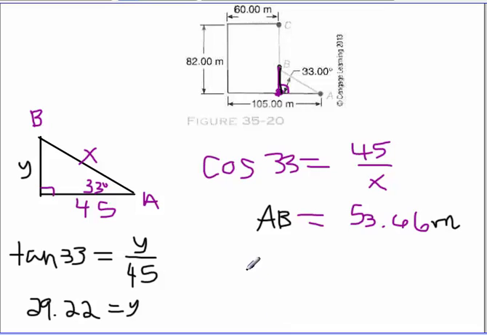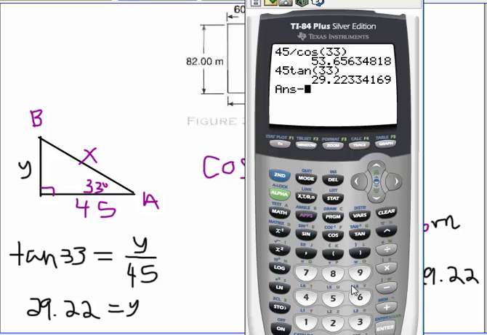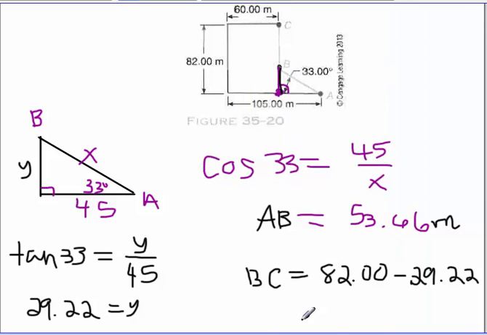If I want to find BC, all I have to do is do 82 minus 29.22. And I'll go ahead and use what's in my handy dandy calculator and say 82 minus 29.22. And I'll get 52.78.